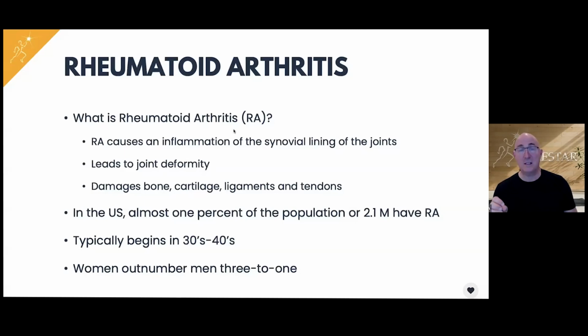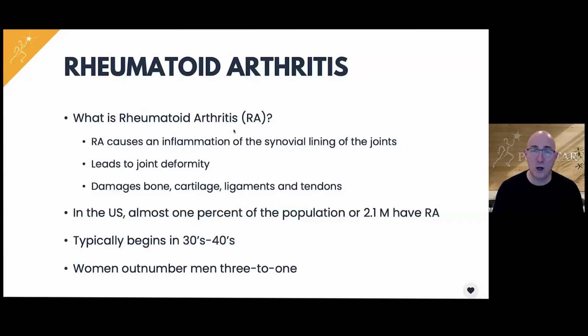Now, it also affects the heart and the valve in the heart. You can also have a rheumatic fever and systemic infection that is tied to this. Typically, we know it as being the joint autoimmune disease. And in the United States, almost 2.1 million persons right now have rheumatoid arthritis.